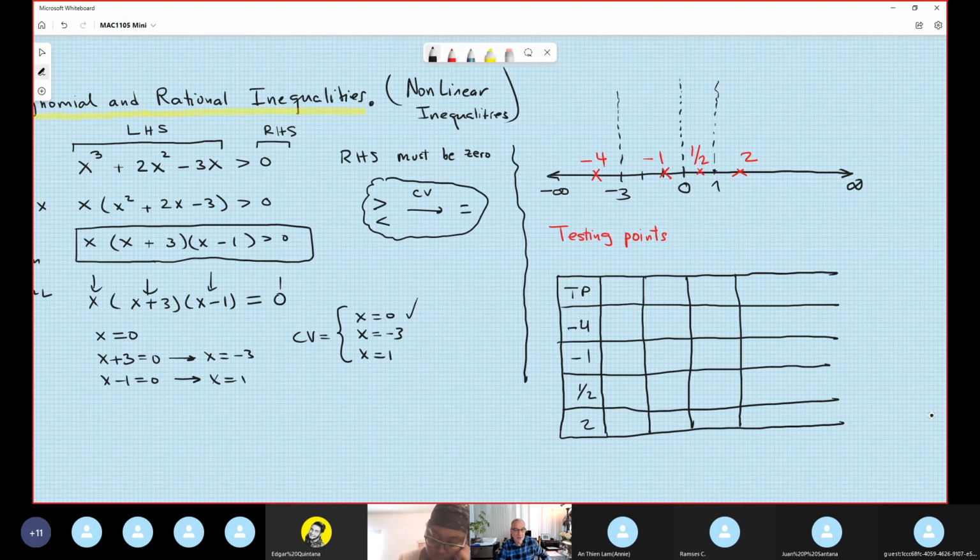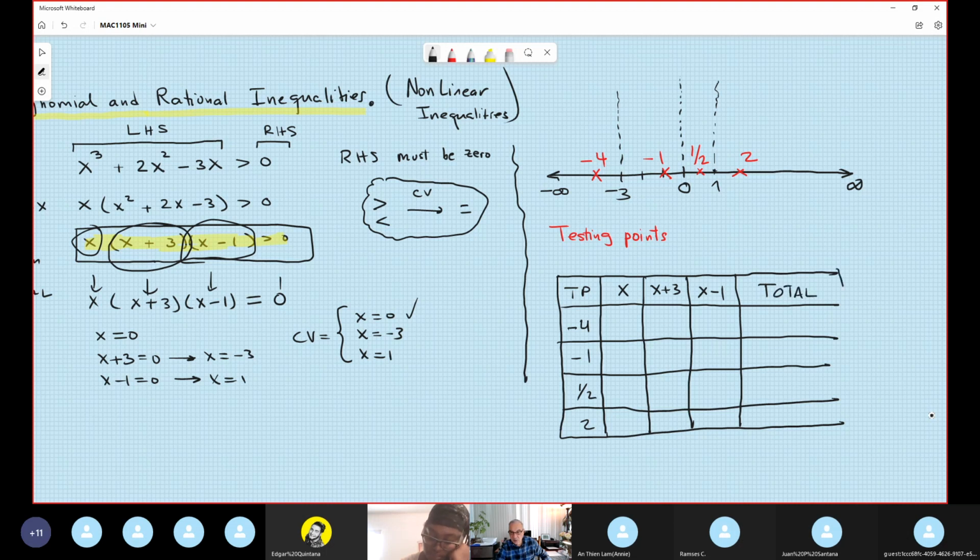Look, I come back to this famous expression. The factors involved in my problem are x, I copy that. X plus 3, I copy that. And x minus 1, I copy that. And you attach one additional column that I call total.